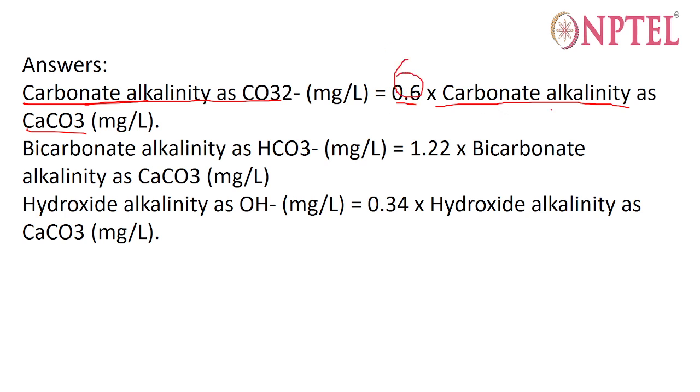Suppose you know the carbonate alkalinity as CaCO3, then you want to convert it into mg per liter as CO3 2 minus. For doing this, you write CO3 2 minus divided by CaCO3.